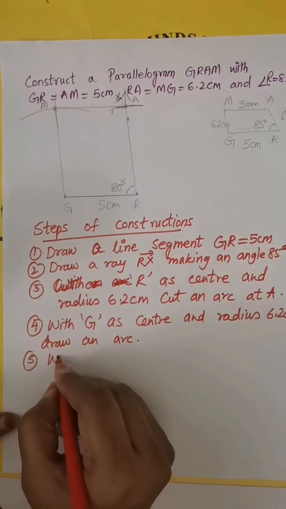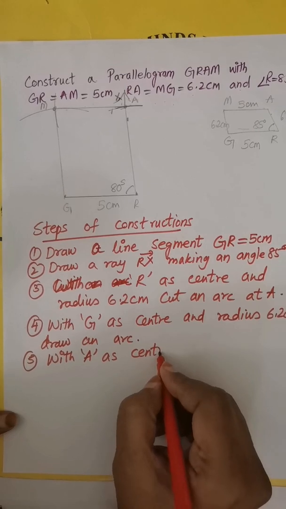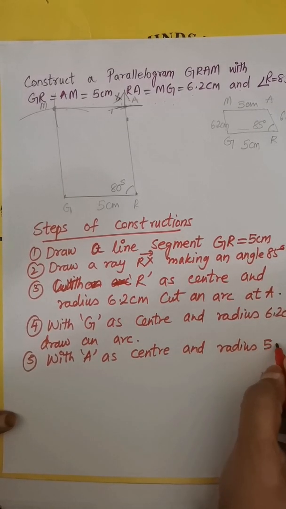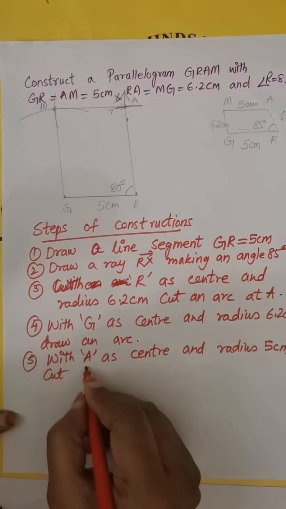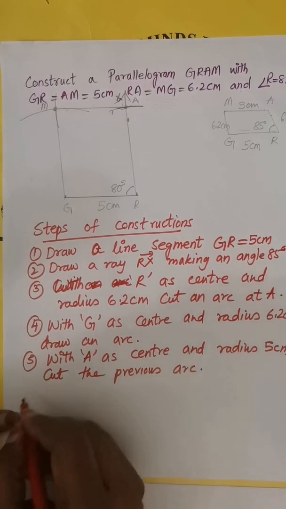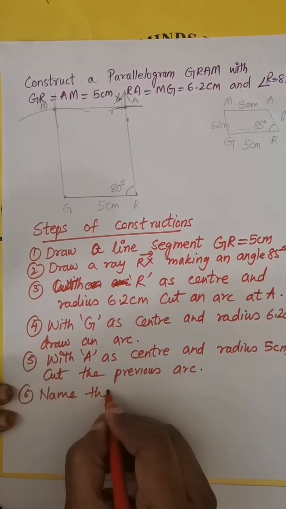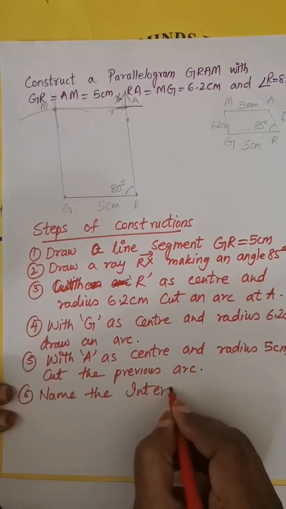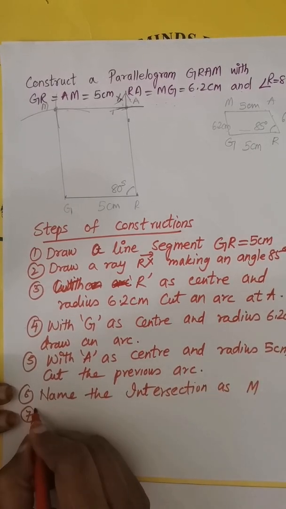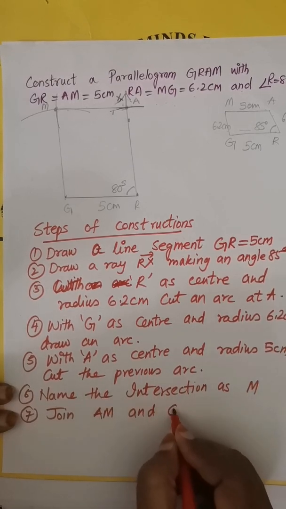Fifth one, with A as center and radius 5 centimeter, cut the previous arc. Name the intersection as M. Join AM and GM.